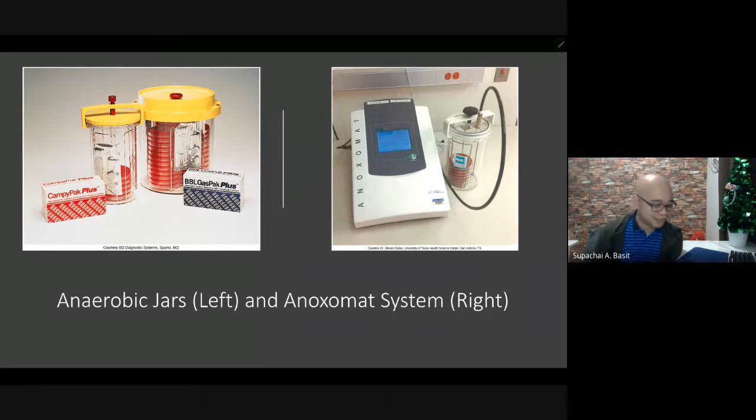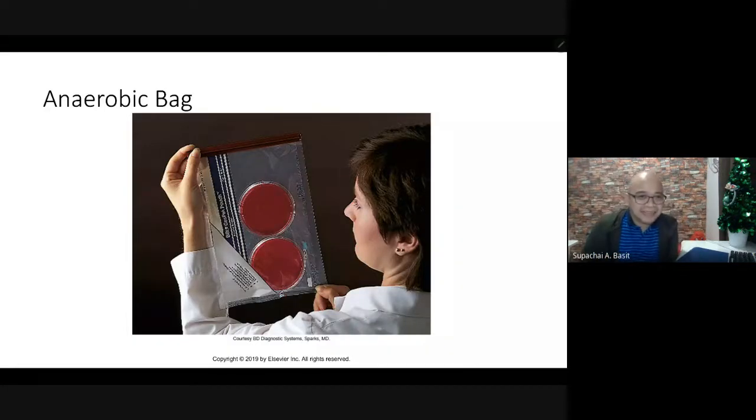The anaerobic jar or the Anoxomat system, which removes oxygen as well. Yan. So, an anaerobic bag. So, bubuksan mo lang yung palladium that serves as a catalyst. Tapos, meron din siyang indicator. Okay, anaerobic bag.